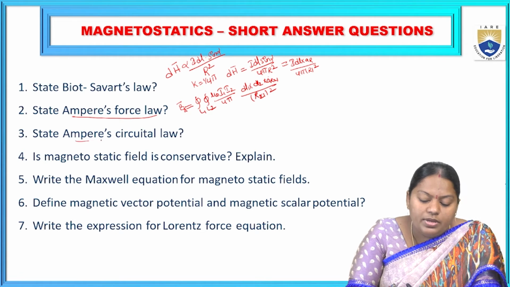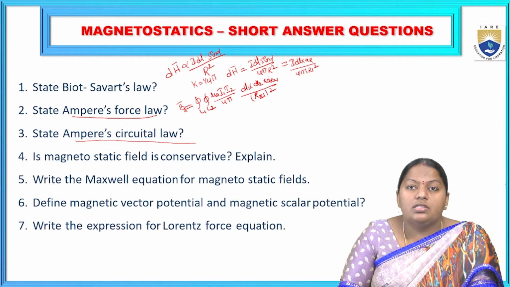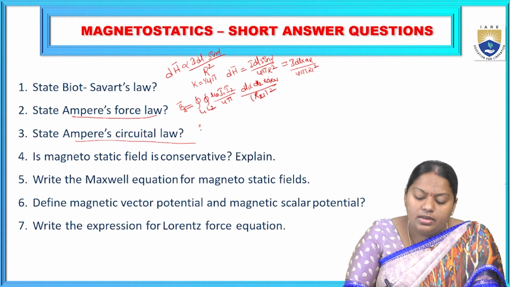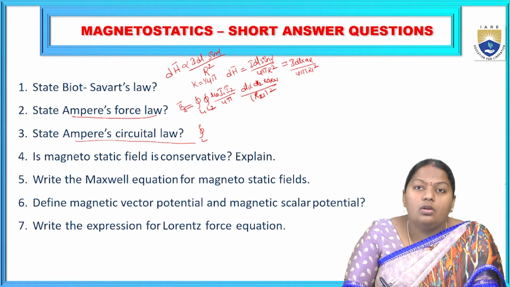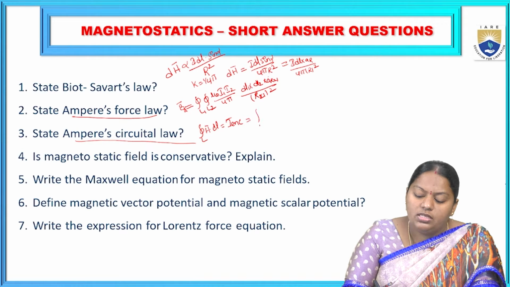Next is, state Ampere's circuit law. In order to write the statement regarding Ampere's circuit law, which is also called Ampere's law: the line integral of H dot dl in any closed path, in the vector form of magnetic field intensity, is equal to the net current enclosed by that path, and it is given by integral S J dot ds.